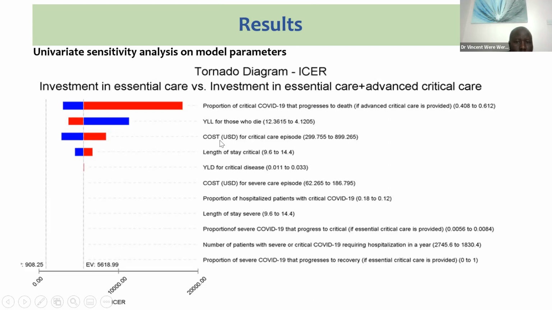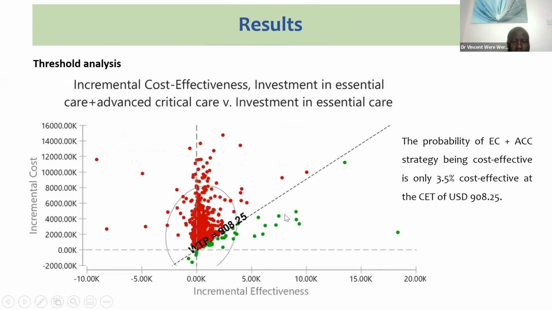And then they need to look at what is driving the costs of providing critical care. Maybe the cost of the ICU is too high. The fourth parameter, they need to look at how long patients are staying in the hospital, because these four parameters have the highest impact on our results. And these are just some ways of presenting results.